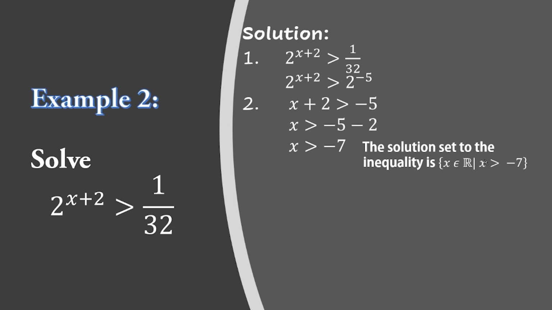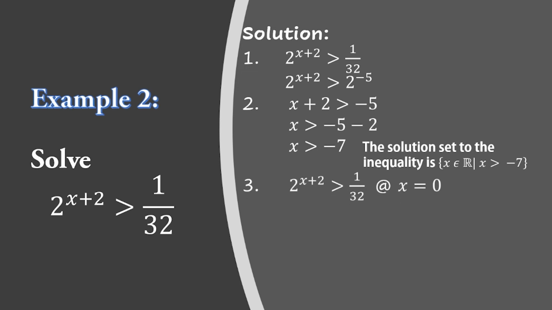The solution set to the inequality is x is an element of real numbers such that x is greater than negative 7. What are those values? So part of your interval will be negative 6, negative 5, negative 4, negative 3, negative 2, negative 1, up to positive 0, up to positive values.